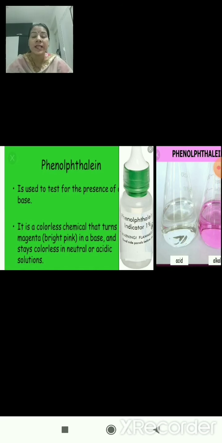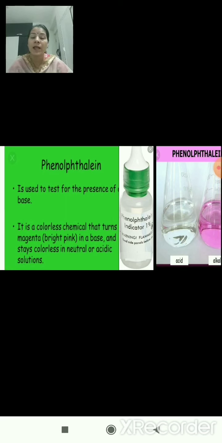This is an indicator which tells us about acid and base, and it gives pink color in base and no color in acidic solution. So here children, in this slide you can see a bottle of phenolphthalein and you can also see two beakers here in which a few drops of phenolphthalein are added.